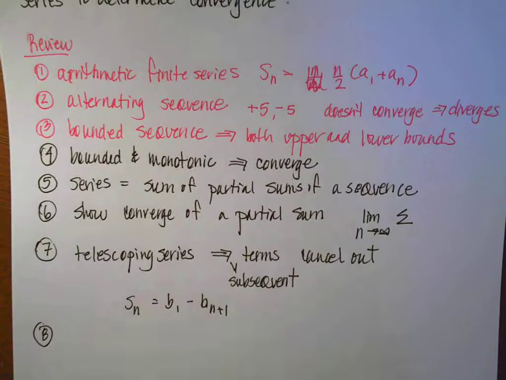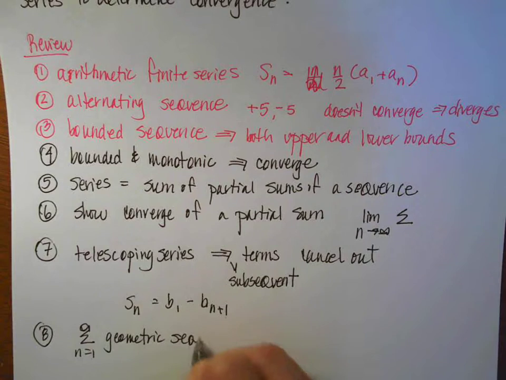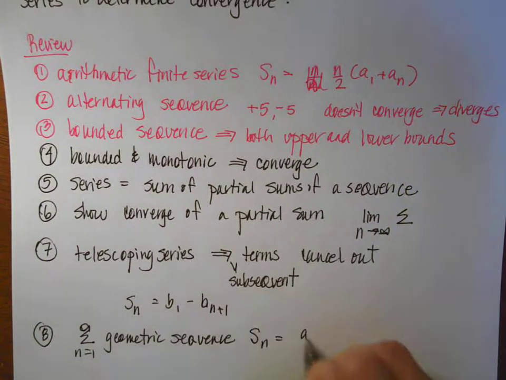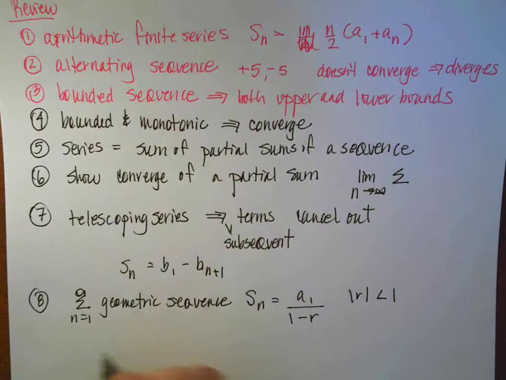Our next reminder would be the sum from n equals 1 to infinity of a geometric sequence, which is S sub n equal to the first term divided by 1 minus r. And remember that the absolute value of r has to be less than 1.